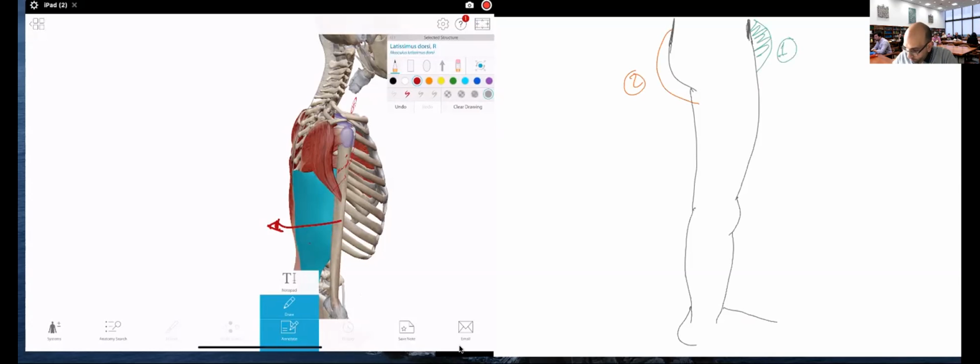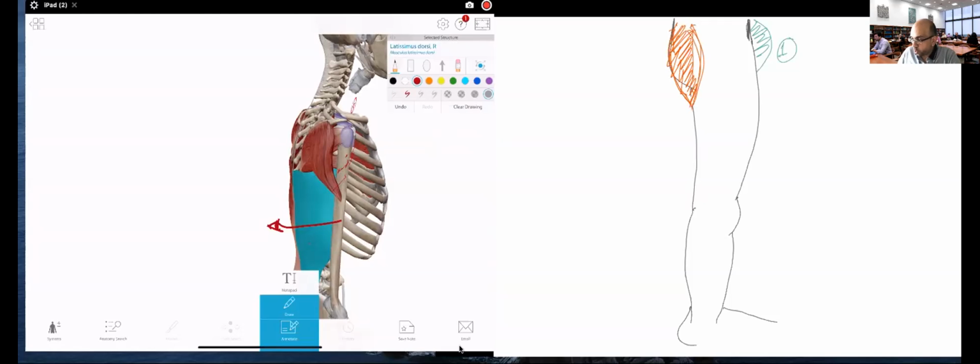One, great. So if I have a muscle called the gluteus maximus, it travels behind the hip joint.